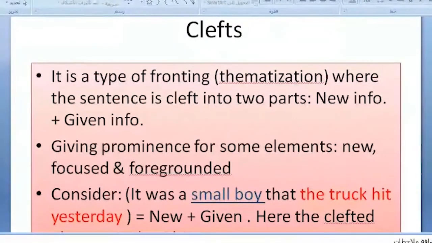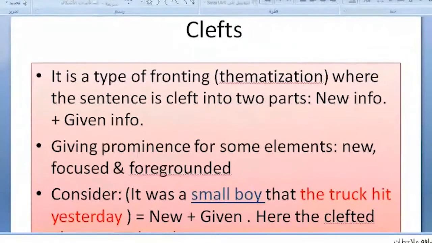Now, when I want to render such a sentence into Arabic, when I want to translate into Arabic, I use the emphatic particle إنّ. I start with it because such a sentence in English, which is clefting, is used to give emphasis. Now, how can I convey emphasis in Arabic?